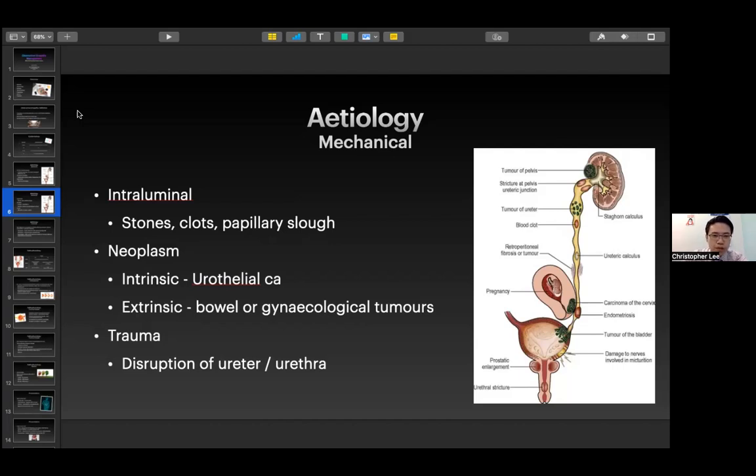Here you will have a typical history of trauma, and it causes obstruction by disruption or compression of the ureter or urethra by a hematoma. Indeed, the ureter and urethra can be completely disrupted, meaning there is no continuity. This would lead to complete urinary obstruction.